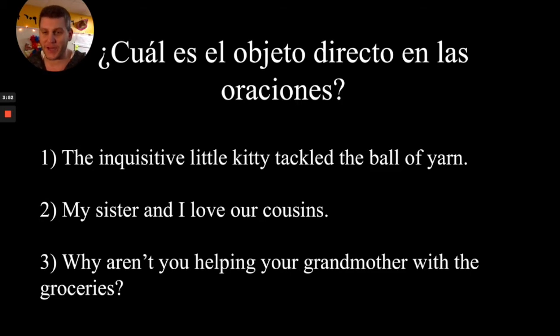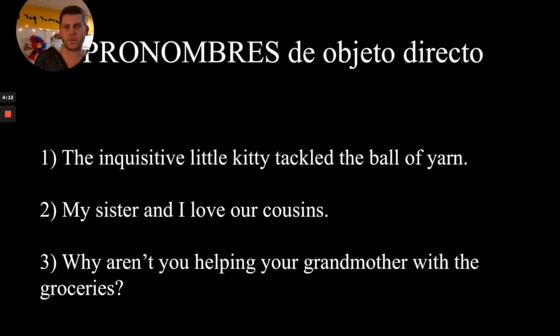Or who isn't doing the helping, I guess, according to this sentence? That'd be you, you is the subject. And then who are you helping? Hopefully you're saying grandmother, and that makes grandmother our direct object. Ball, cousins, grandmother.